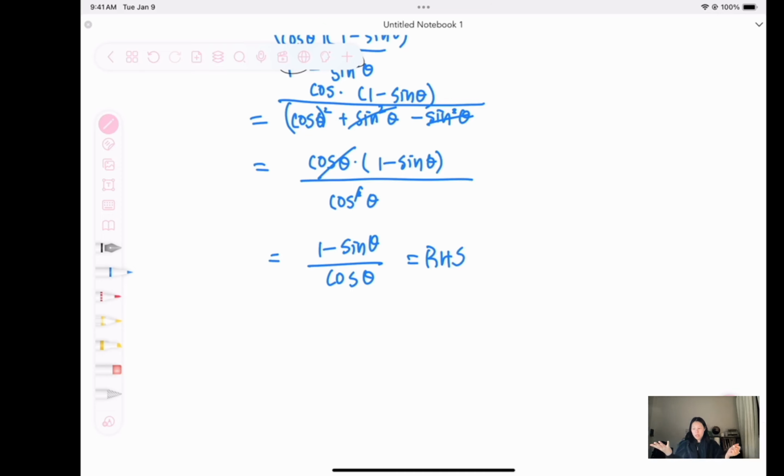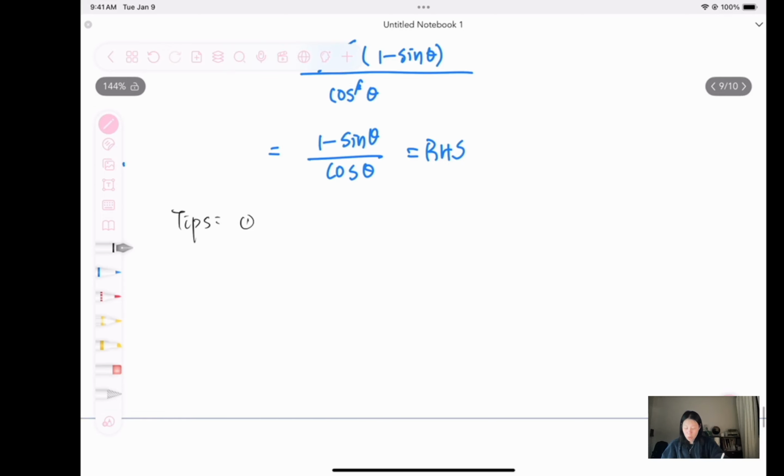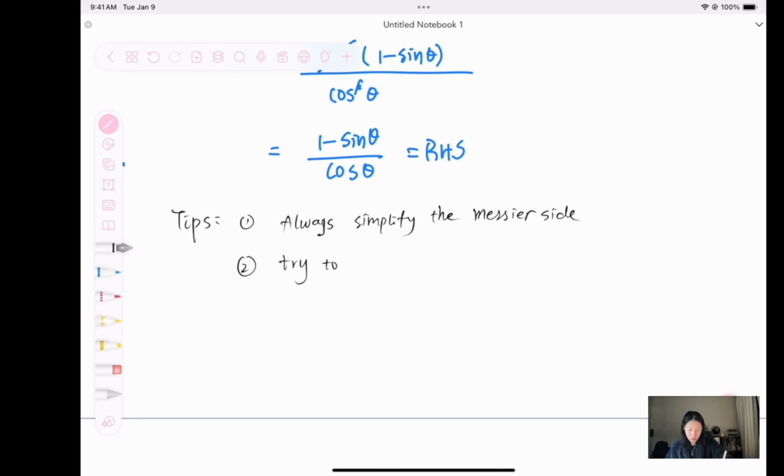Then we're done. Okay, so here are the tips that I got. 1. You will always try to simplify the messier side. You have a right-hand side and left-hand side. Always start with the messier side. The second thing you would do is try to convert everything to sine or cosine. 3.